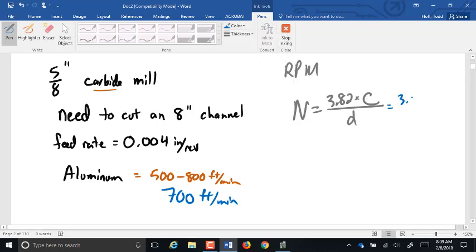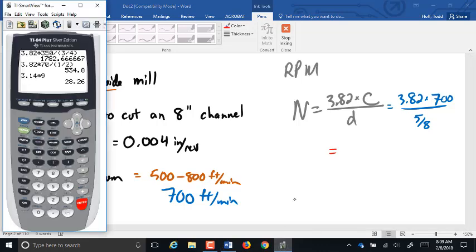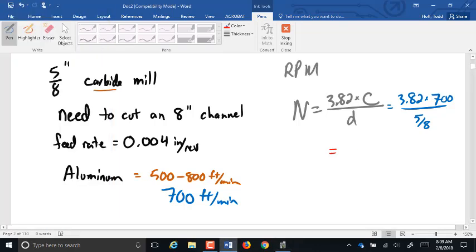So it's 3.82 times 700 divided by 5/8. Right. 4278.4. That sucker's flying.